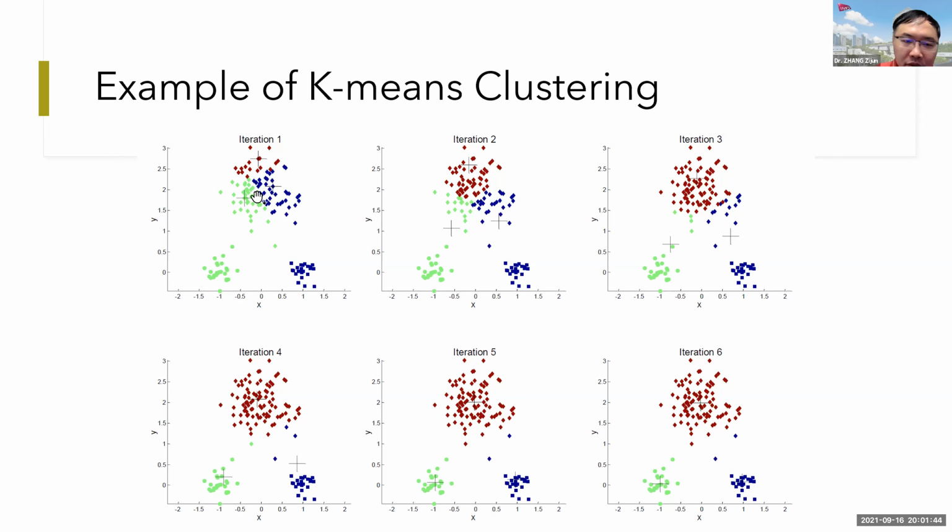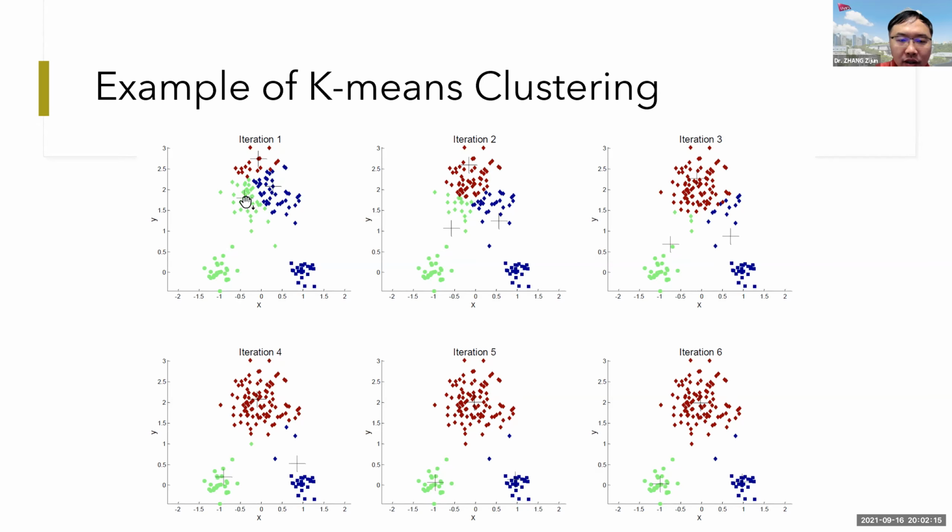Then we compute the distance of different data points to each of the centroids. Then we assign each of the data points to the cluster by the criteria that its distance to the corresponding centroid is the minimal one.